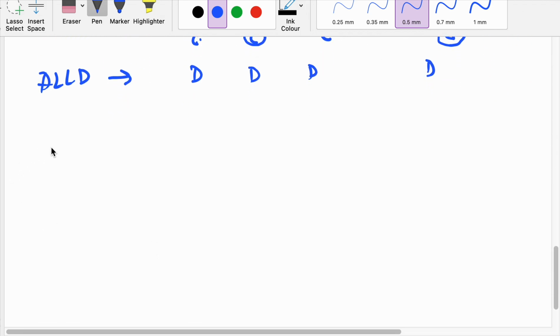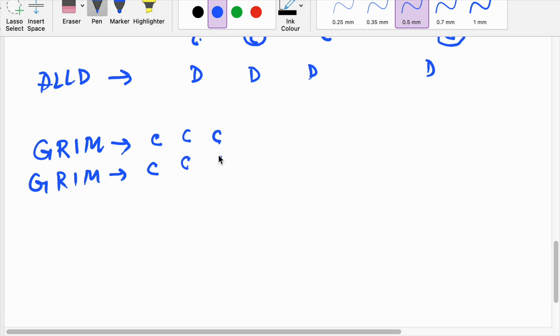So I have to see what Grim will do when playing against Grim. In the first round, no matter what, I will cooperate, and since my opponent sees that in the previous round I cooperated, both will cooperate, and they will always cooperate. So Grim against Grim creates cooperation in the society.